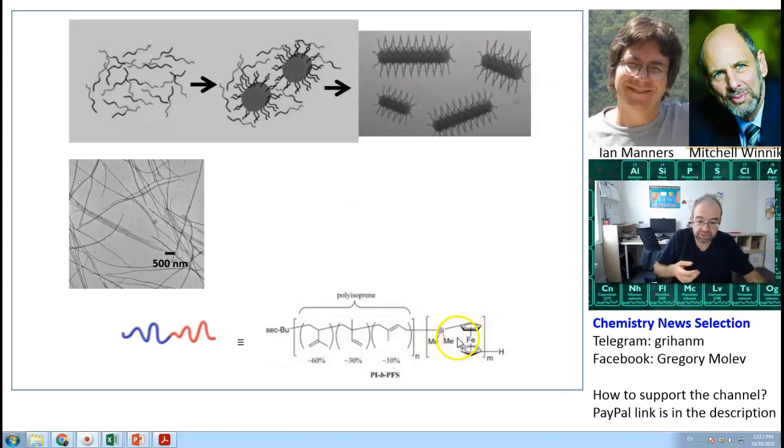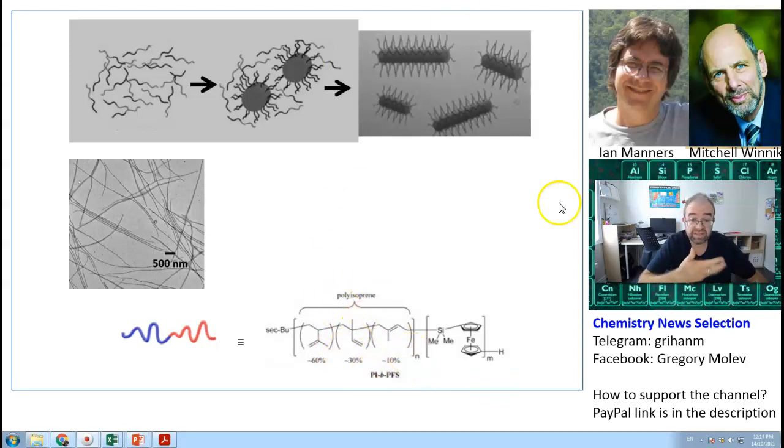So in this particular case, I talk about the polymer called PFS, polyferrocenylsilane. This is a pretty cool molecule, which maybe I'll discuss in some other video. And you have the repeating units of this PFS. The number of repeating units is represented by the letter M here. And the other block, the other part of the polymer, is not crystallizable, and this is called polyisoprene in this case, or PI.